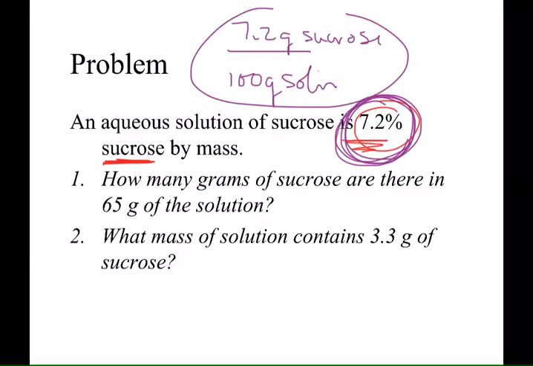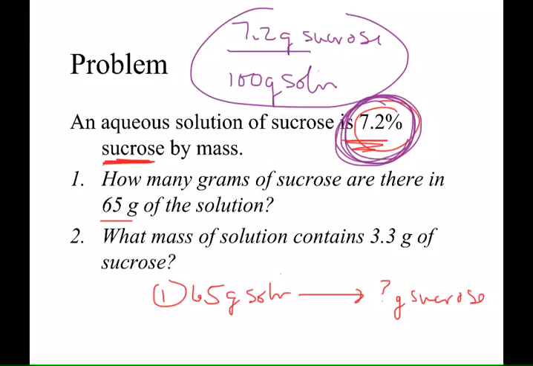The first problem: how many grams of sucrose are there in 65 grams of solution? Can you see where, if we make this our first term and this our middle term, we can knock it out? The second one uses the weight percent as a conversion factor.